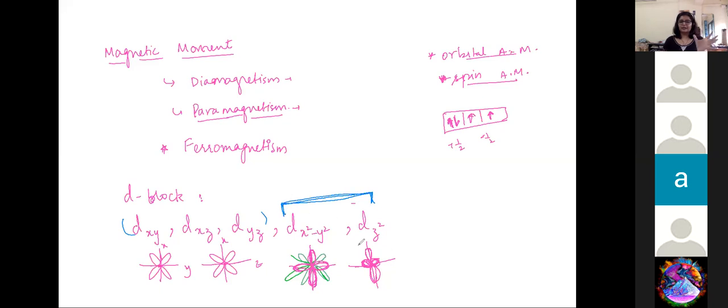Their spatial alignment changes depending on what you take as x, y, or z. So because of that, whatever electrons you have in xy, xz, yz, the orbital angular momentum contribution towards the magnetic moment is said to be quenched.